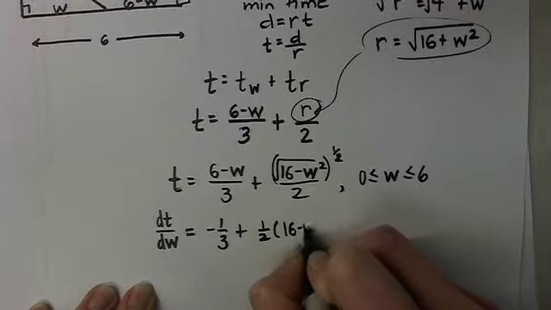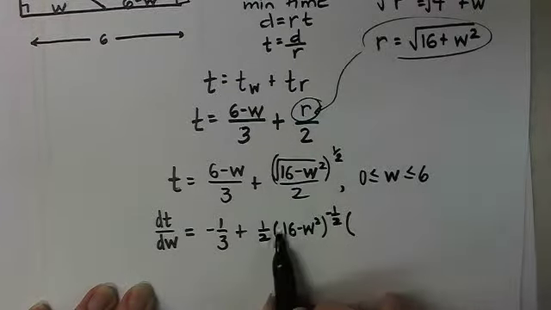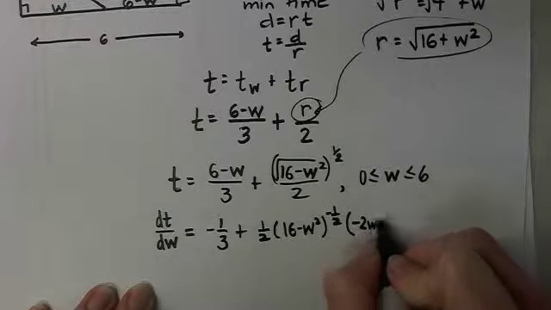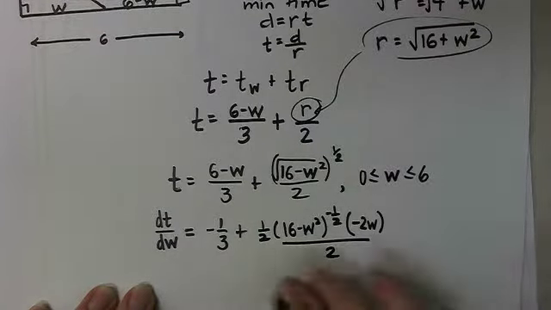We don't touch the inside. The new power is negative 1/2, and then we multiply by the derivative of the inside from the chain rule, which is 2W, and we're dividing by 2, which division by constants just pulls on through.